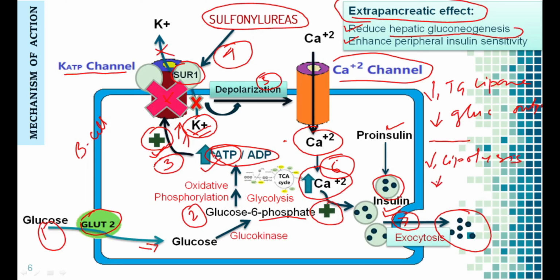As we have said, triglyceride lipase is inhibited in adipose tissue also, and there is increased uptake and oxidation of glucose. So this is the extra pancreatic effect of sulfonylurea.